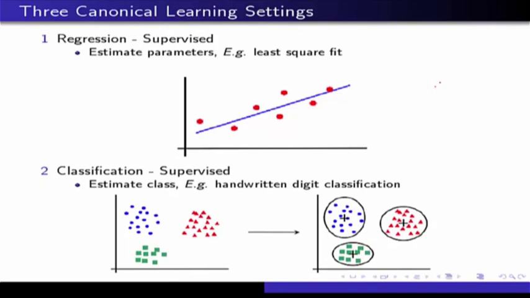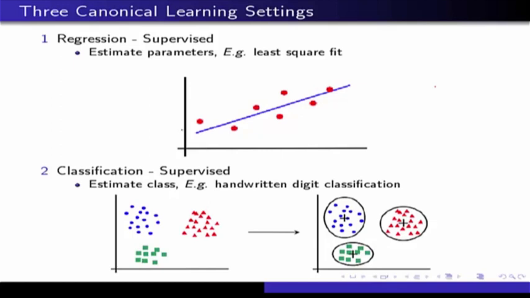So we revisit the different types of machine learning problems, but now very specifically we identify 3 canonical learning settings. The first is regression, which is an instance of supervised learning.